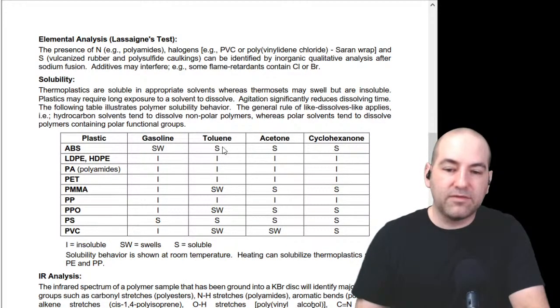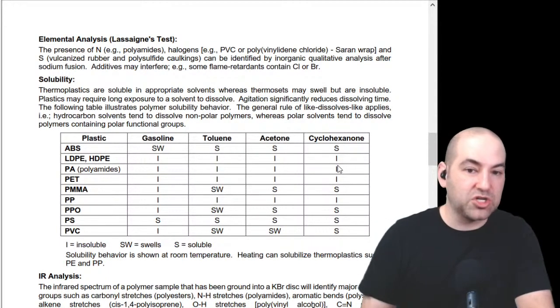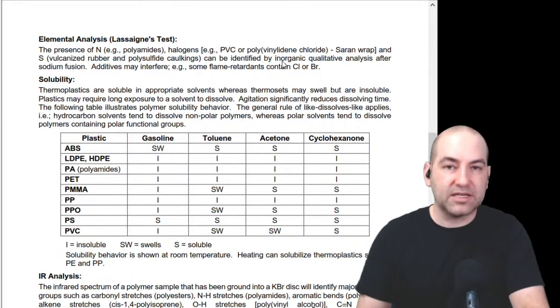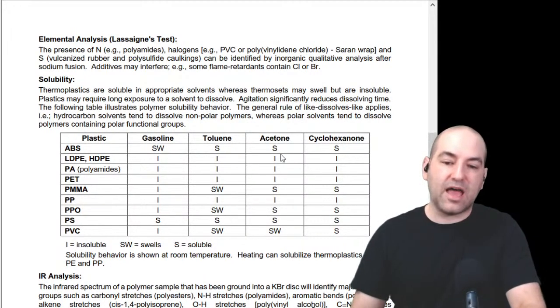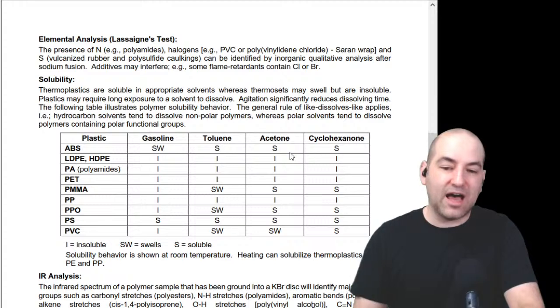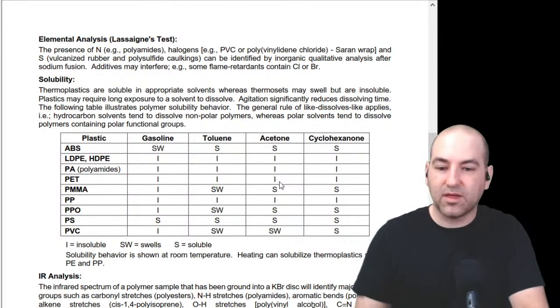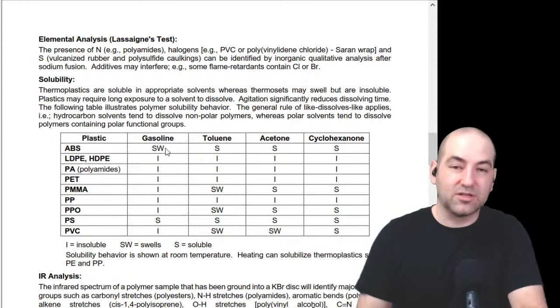So I can see that in all of these solvents, my ABS plastic will dissolve, but my polyethylene plastic should not. So if I have an unknown sample of plastic and I try to dissolve it in, let's say, acetone, then if it dissolves, I know it's not polyethylene. I know it's going to be one of the other ones that does dissolve, or like gasoline. Please don't try to dissolve things in gasoline. Don't play with gasoline. Not good.